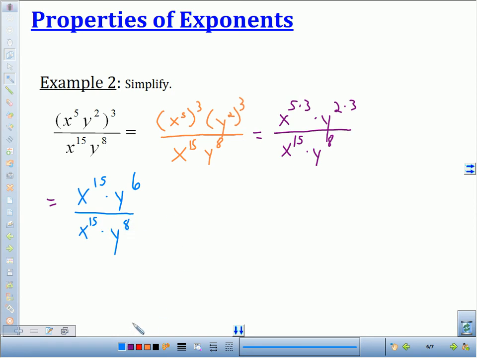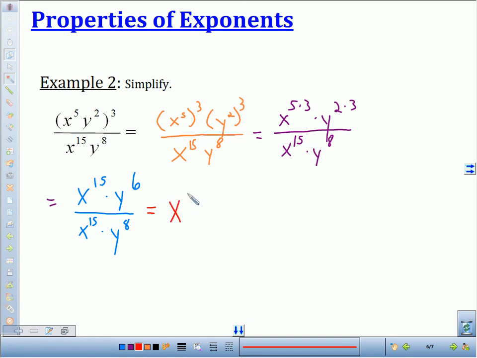Now, if you're seeing the same thing I'm seeing, and you should be, you would probably know that we're looking at the quotient of powers property. Quotient of powers property is the 5th one in our list. And so that's the next one we're going to use. The quotient of powers property says that if we have division going on, we subtract the exponents.